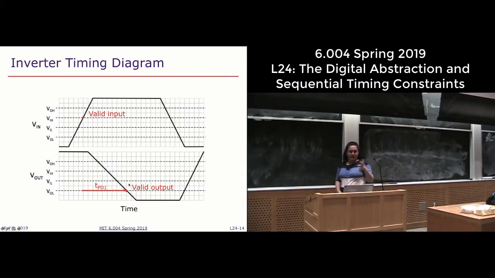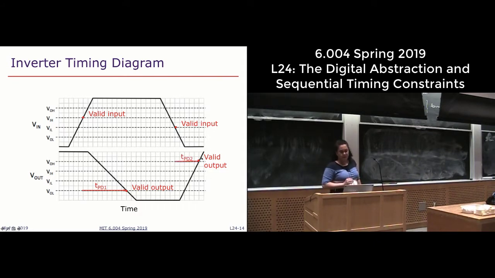Now, this is only half the story, because this is only the propagation delay as our input changes from 0 to 1, so we need to do the exact same evaluation on the other end. On the other end, our valid input is down here when we just begin to have an input that's less than VIL, and our valid output is over here where we just get to an output that's greater than or equal to VOH.